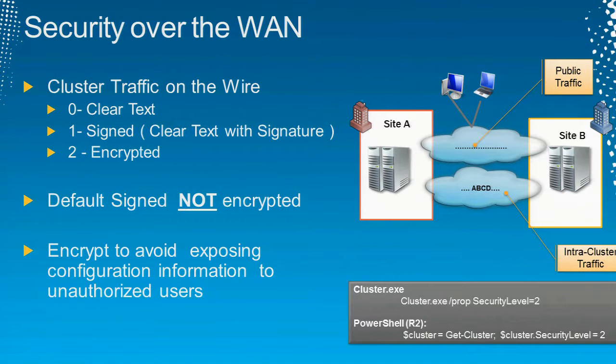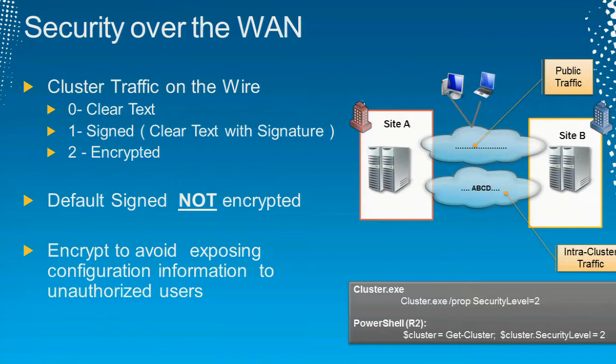Security over LAN. Cluster configuration is synchronized across all the nodes in the cluster. For example, if you create a virtual machine, all the configuration is stored in the cluster database. When a change happens, the cluster database is updated and synchronized. It goes over the wire on a cluster network. By default, this configuration is sent as clear text, but signed.